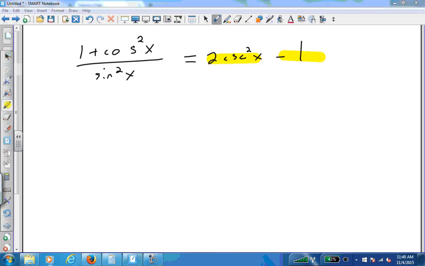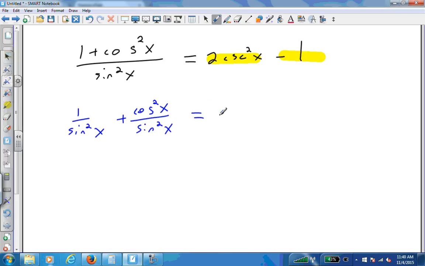So use our common denominator and do 1 over the denominator and then cosine squared over the denominator. Now I'm going to be just a little careful here. I would be fine with you skipping this step.